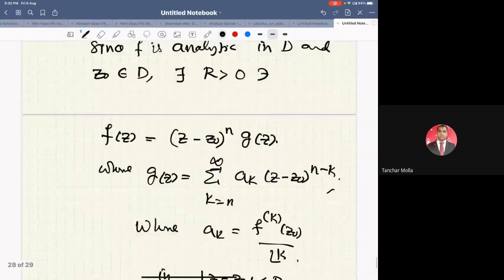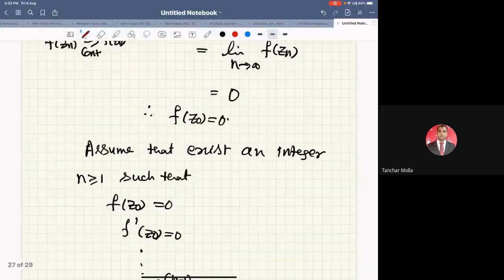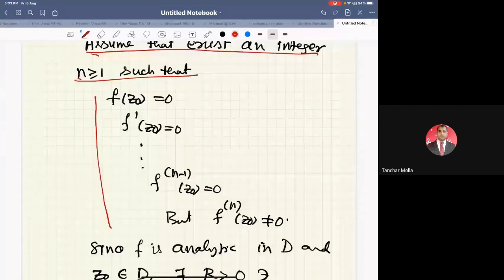Because we assumed that there exists an integer n greater than or equals to 0 satisfying this property. For this assumption we got the contradiction.